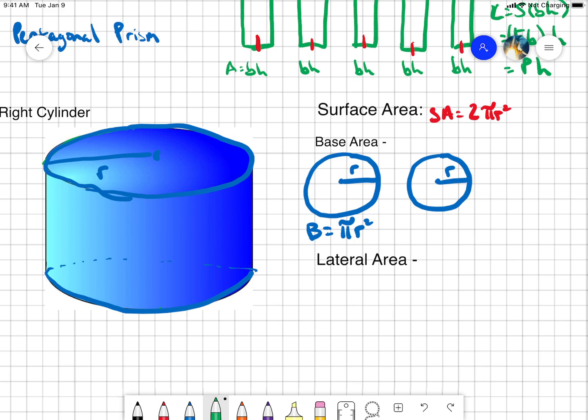If you think about slicing this can straight down and then unwrapping it, what shape do you get? You get a rectangle. If I literally slice this thing down and unfold it, that's another way of thinking about this.